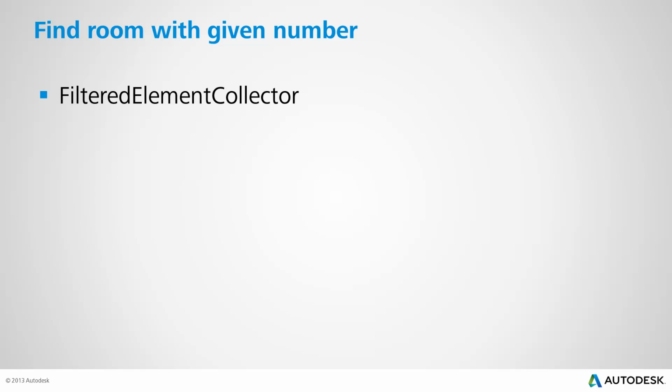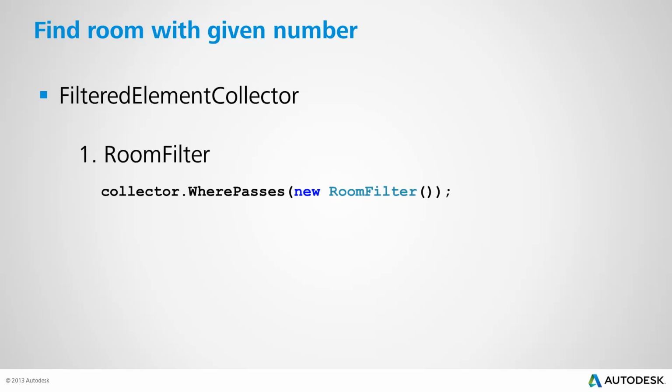In our case, we can get back the element we need only using Revit API. So first, we need to create a filtered element collector. We can also specify the type of objects we are looking for using methods like WherePasses and OfClass, which dramatically reduce the element set and so make further filtering quicker. For rooms, we can use WherePasses with the room filter object.